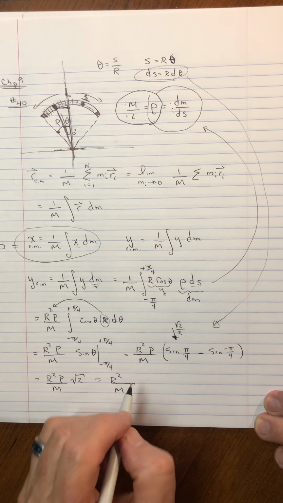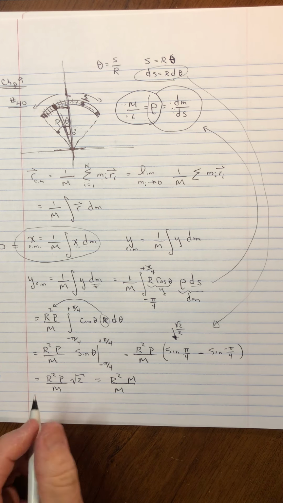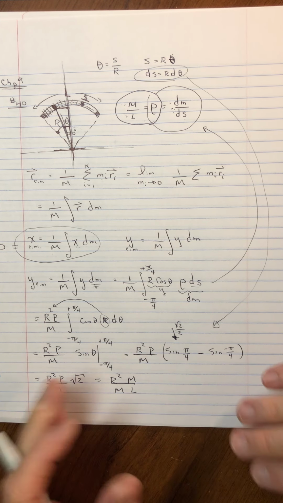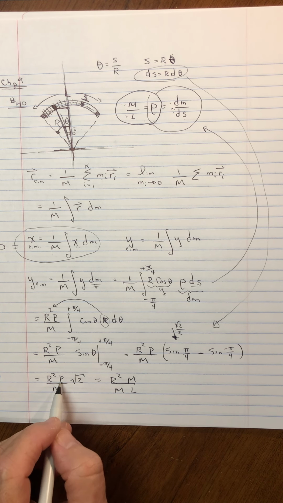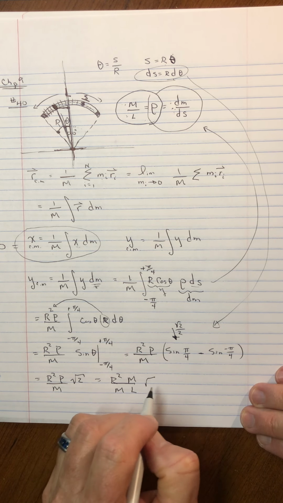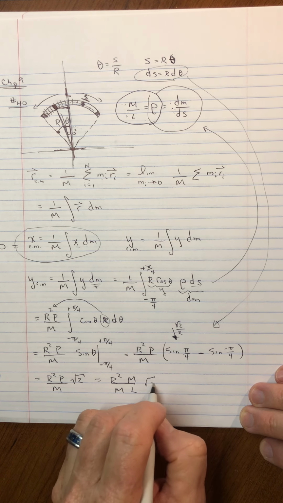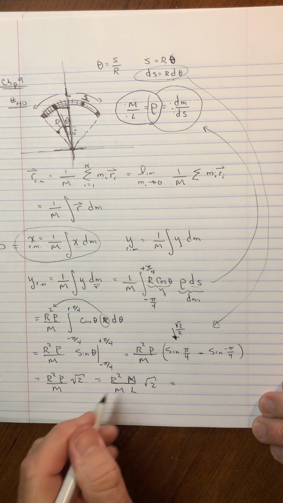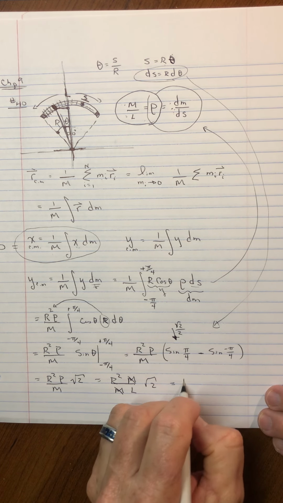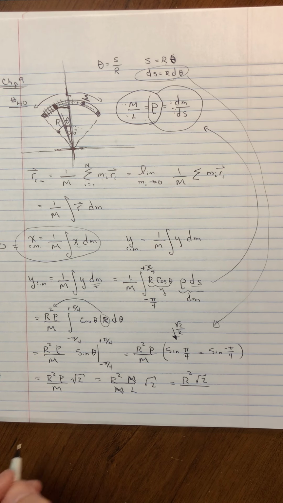So I can replace my rho with the whole m over the whole L. And so there's my density, and then I have the root 2. And so the m's cancel off. And so I have r squared root 2.